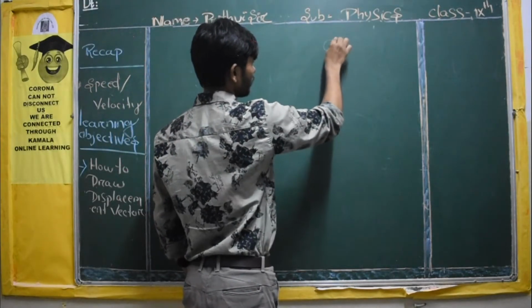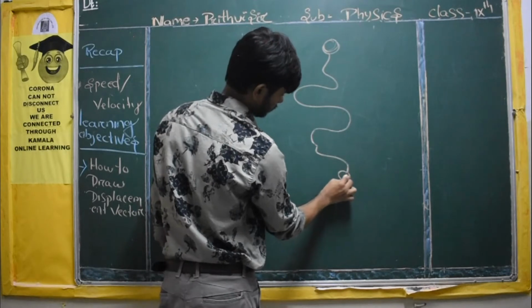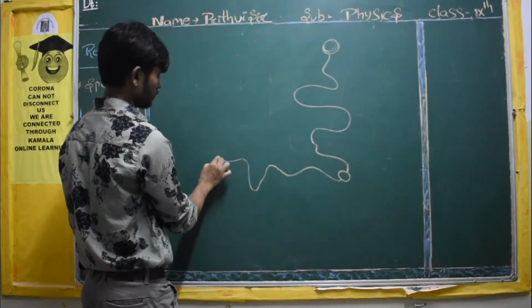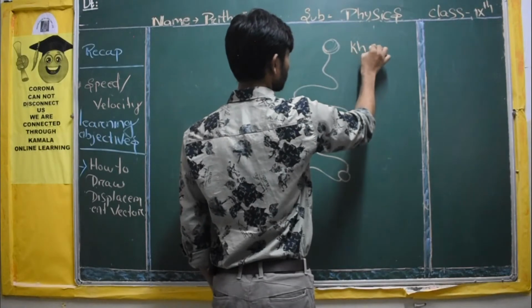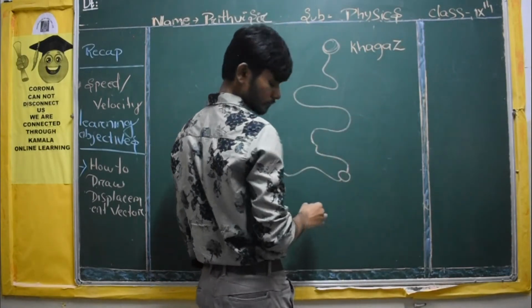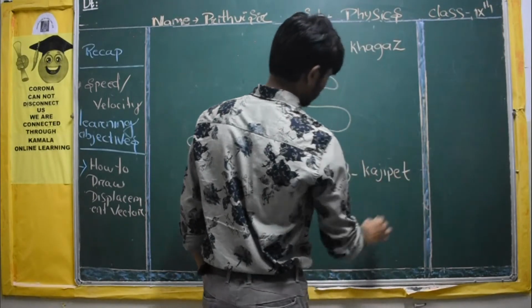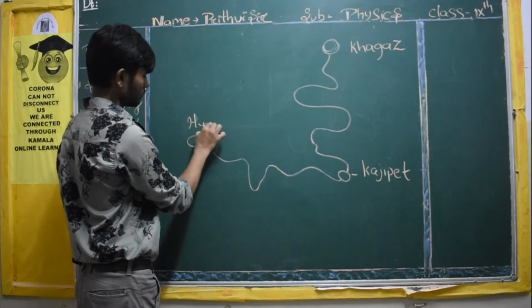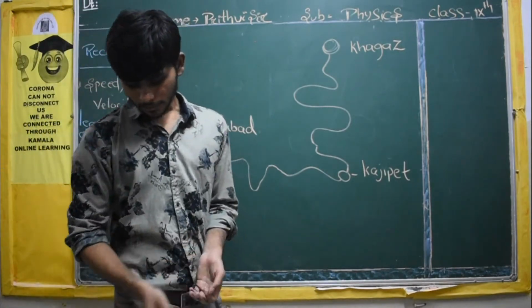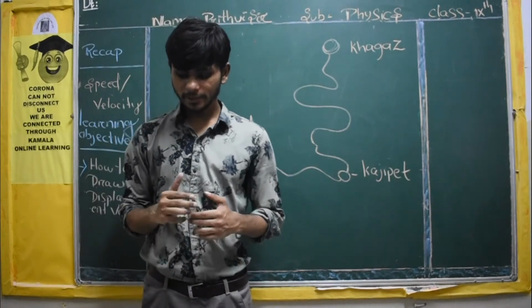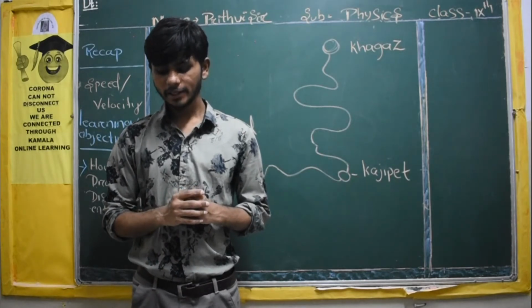It says a train named Telangana Express starts at 2 p.m. from Sirpur Kagasnagar and reaches Hyderabad at 8 p.m. the same day, as shown in the figure.